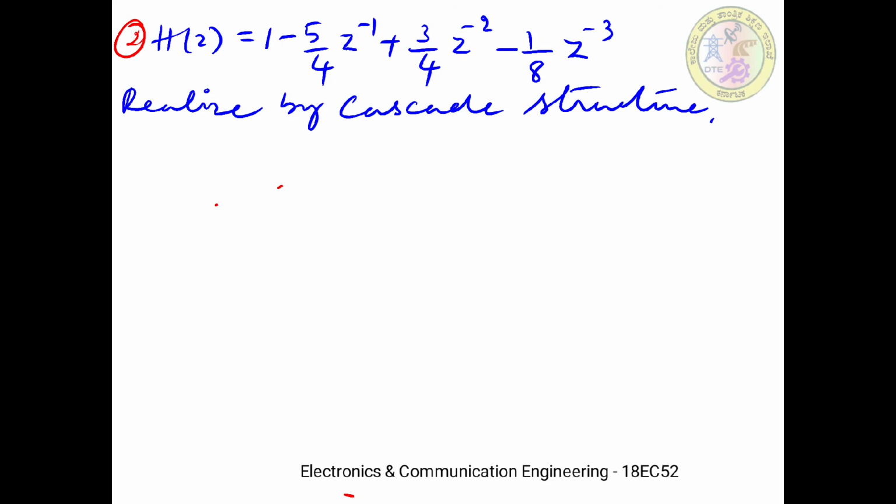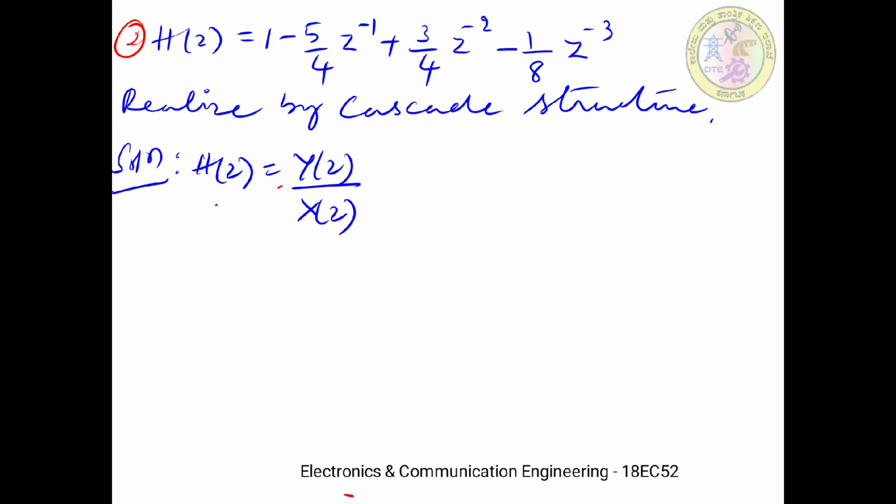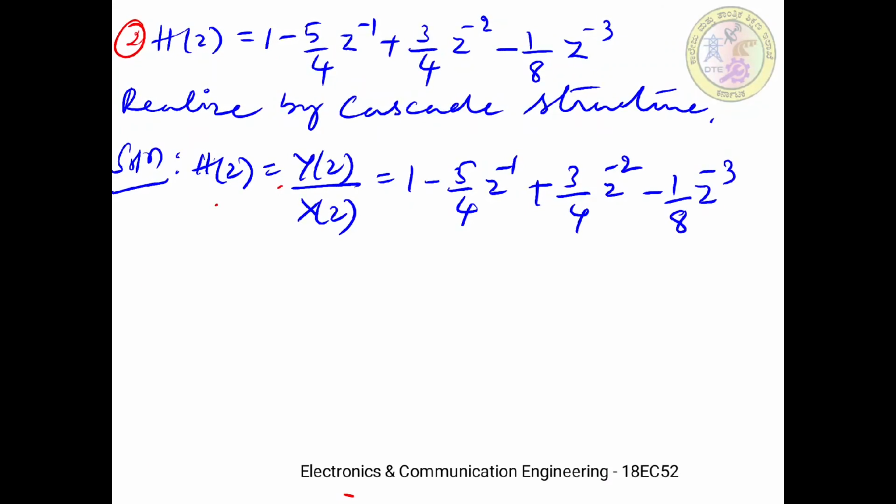In the solution, we will first write the given h of z as y of z by x of z, equal to 1 minus 5 by 4 z inverse plus 3 by 4 z raised to minus 2 minus 1 by 8 z raised to minus 3.